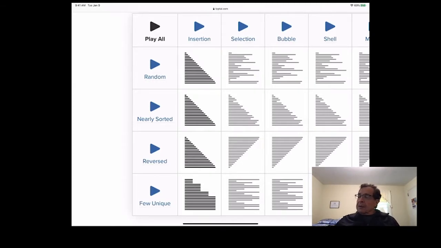Let's now run the insertion sort for all cases and just look at when a particular input case finishes. Let's see what is the fastest case for insertion sort. By running it, we see that the nearly sorted input is always terminating first, and the reversed order is always the worst case for the insertion sort.